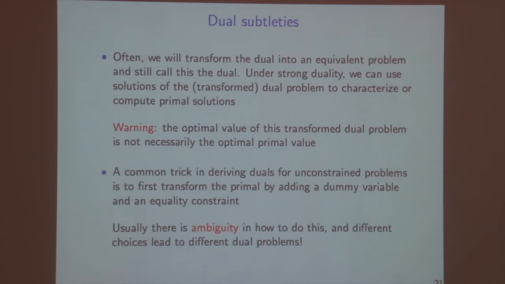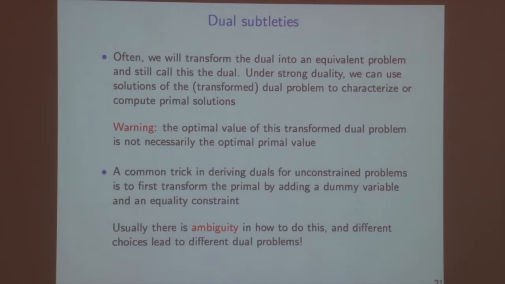Oftentimes we're going to derive a dual, and we'll end up at something, and we'll simplify that dual by transforming it, getting rid of constants, subtracting off things, changing the sign of things by making it a maximum, minimum, etc. But the warning is that if you were to go forth with that dual problem from then on, even under strong duality, the optimal value of that dual problem is likely not going to equal the optimal value of the primal if you've made transformations.